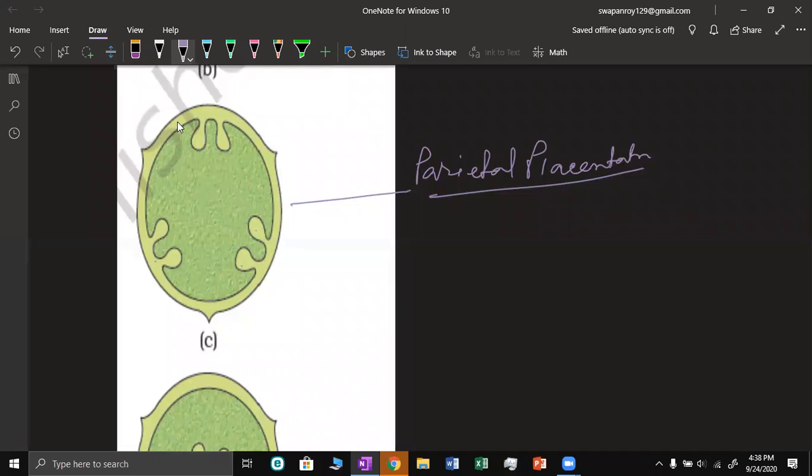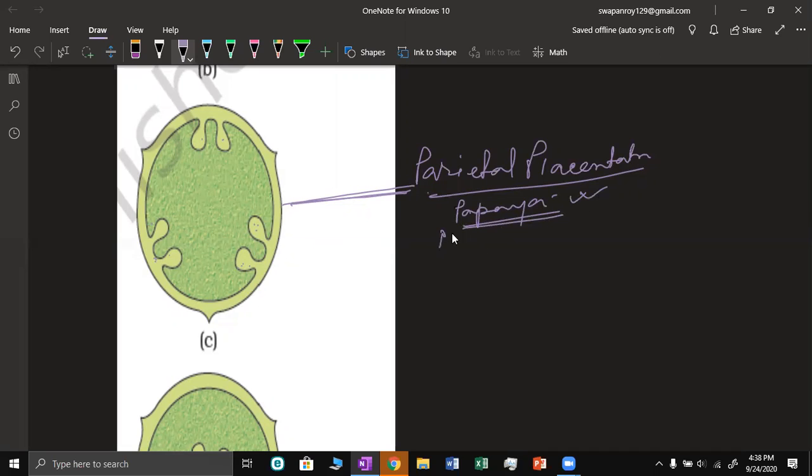This is the ovary, and to the wall of the ovary these ovules are attached. So this is parietal placentation. Have you seen the seeds attached in a papaya? They are attached to the inner wall of the ovary. In pumpkin also, it is parietal.